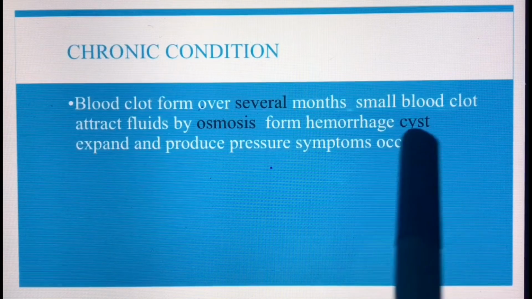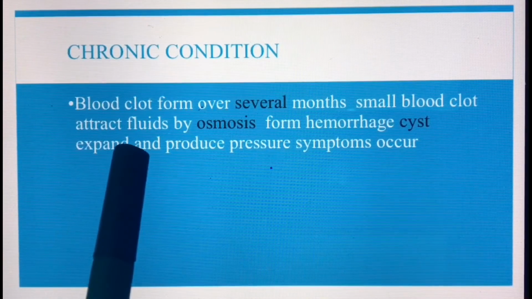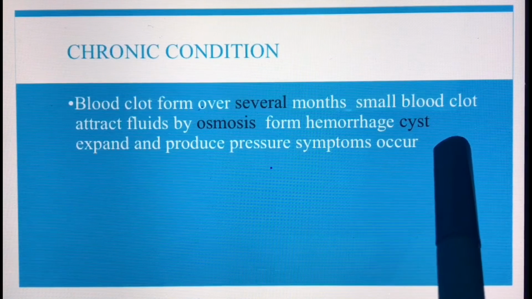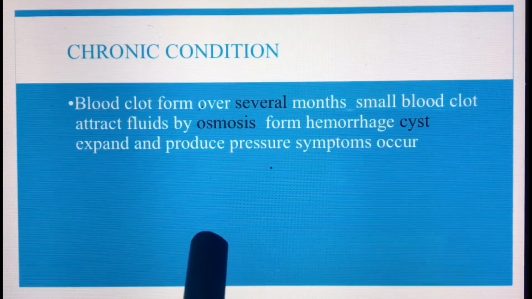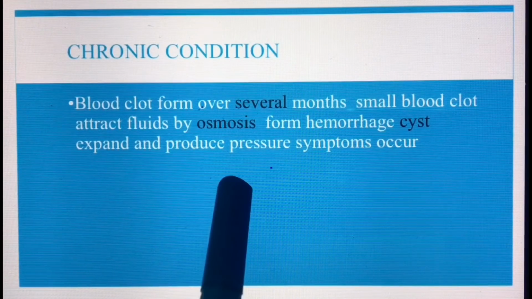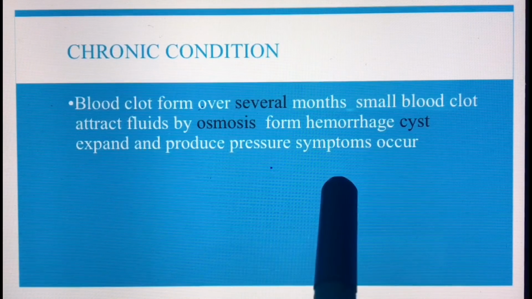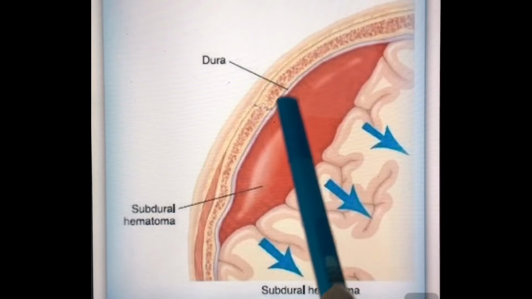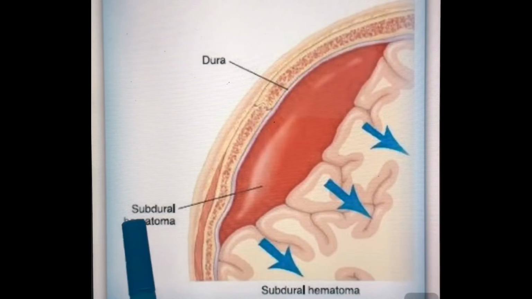The small blood clot attracts fluid by osmosis and forms a hemorrhagic cyst. The hemorrhagic cyst increases and expands over time and causes pressure over the area, and in this condition symptoms occur. In this picture, you can see the collection of blood at the subdural space, which is called a subdural hematoma.